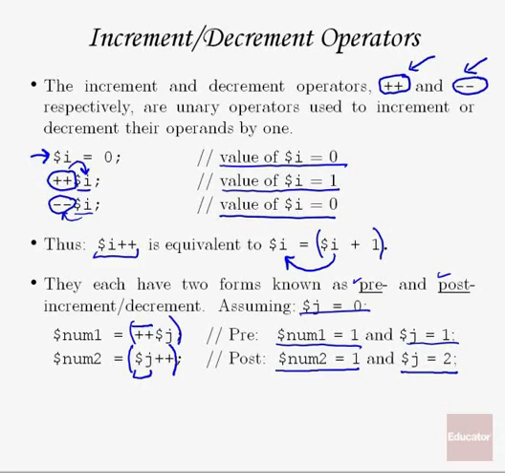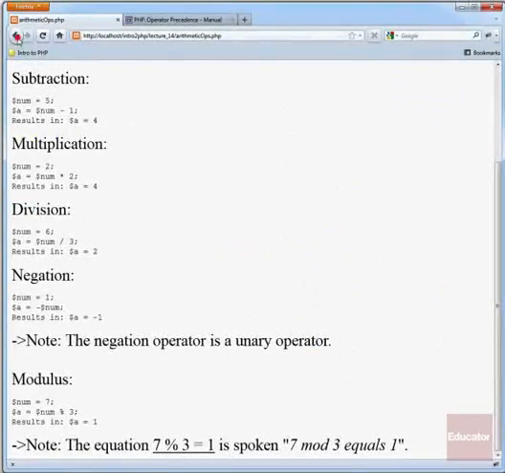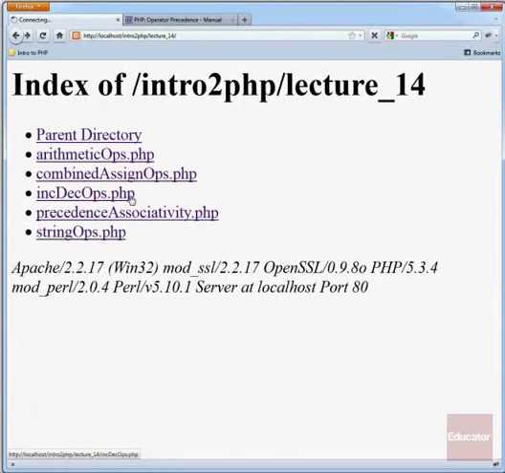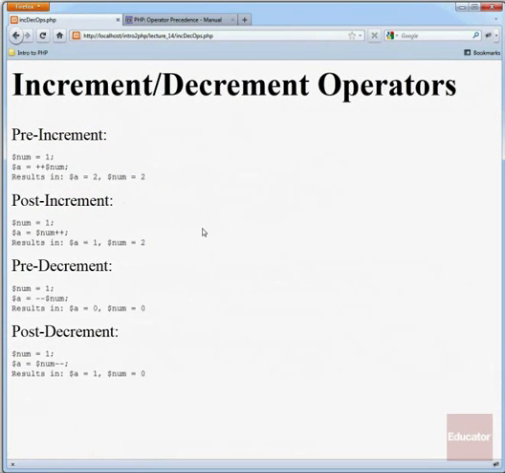If we look at another page that demonstrates some of these operations, we can see some of the same things that we went over here. If we have a variable num equals 1 and we pre-increment it, the value of num is going to be incremented, so num is going to be equal to 2, then that value is going to be set to a, so a is going to be equal to 2.